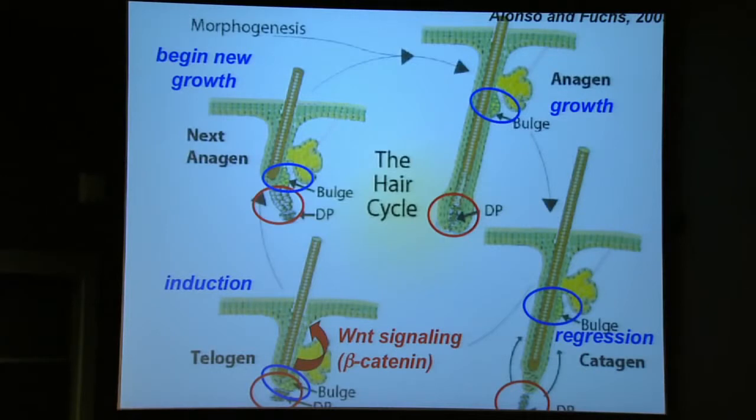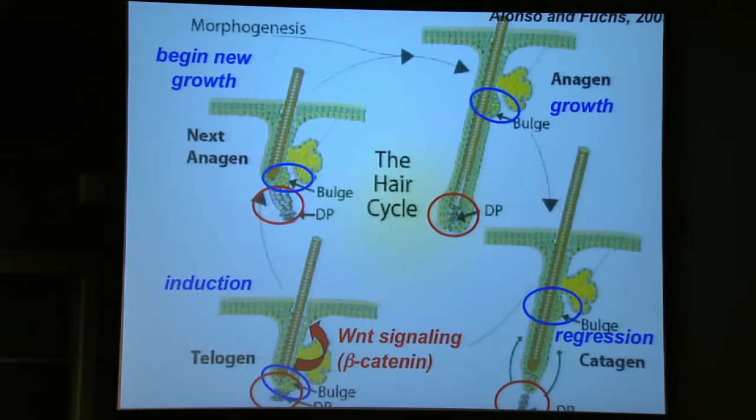During the life of a hair, your hair has a life. We discussed 4 years on your head. During the life of a hair, the bulge cells and the niche cells are in different places. And depending on whether they're touching or far apart from one another, there's induction of hair growth or not.